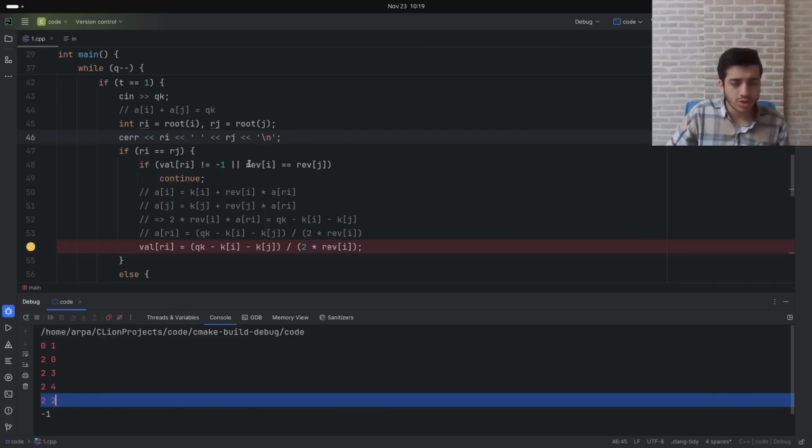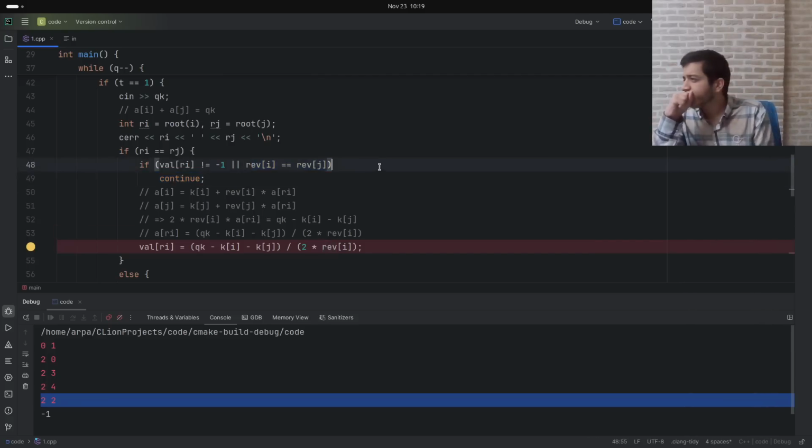Maybe the issue is with refs. They become equal, and when they become equal, they make some problem. Okay.